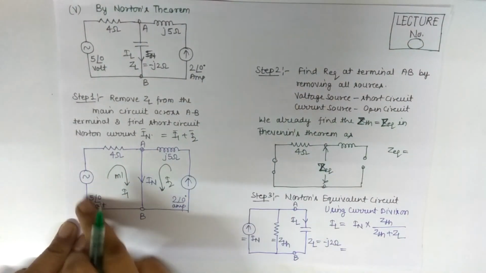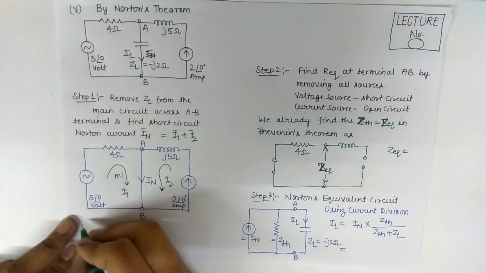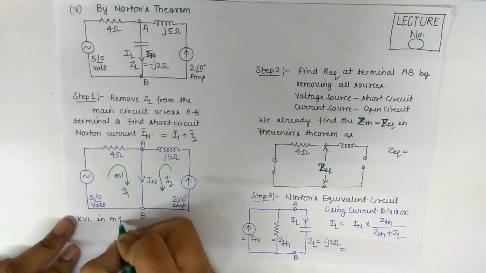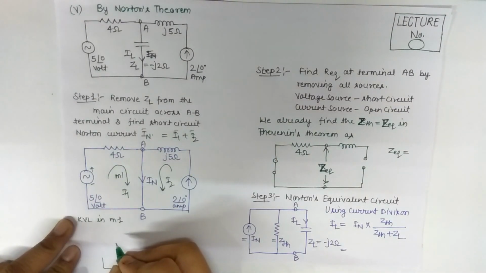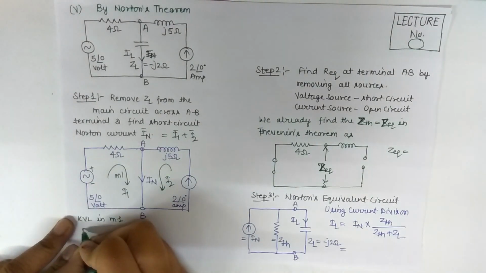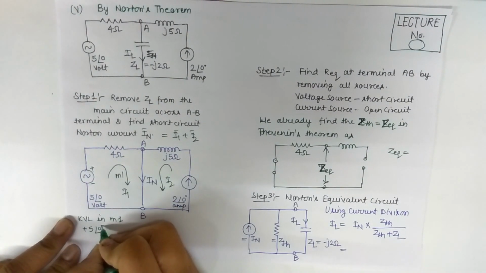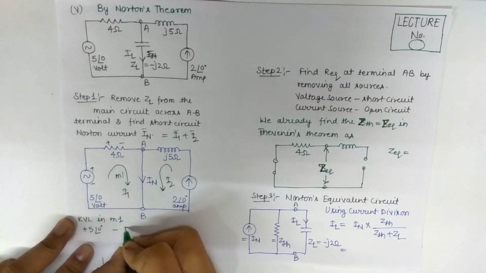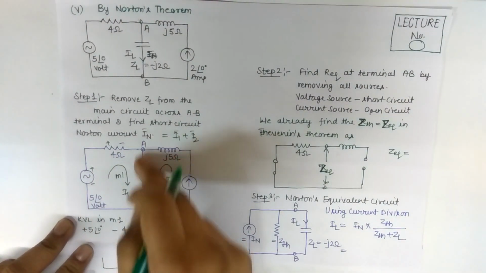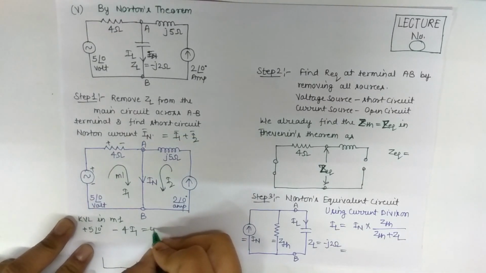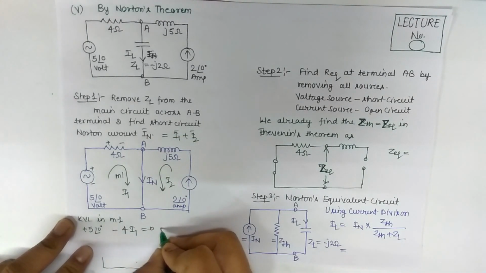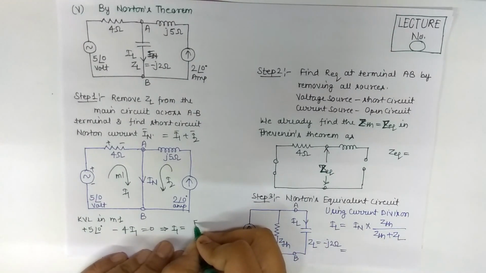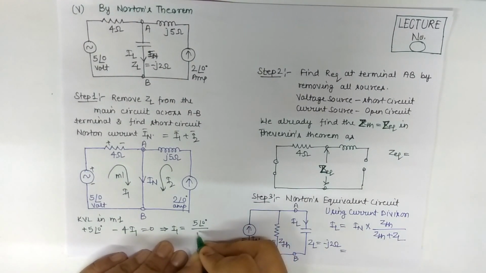So first of all, apply KVL in mesh 1. So this is the last terminal of this battery, plus 5 angle 0 degree, and this is positive negative, minus of 4 into I1, and there is no other resistance, so is equal to 0. So we find out here I1. So I1 would be 5 angle 0 degree upon 4.